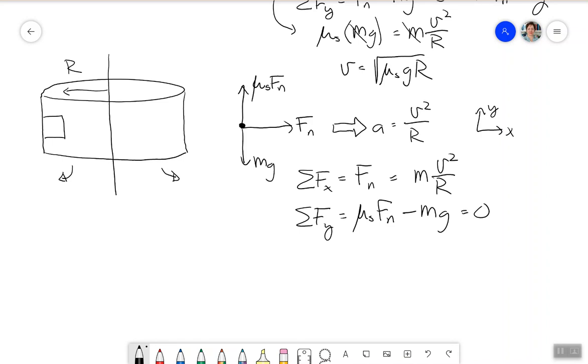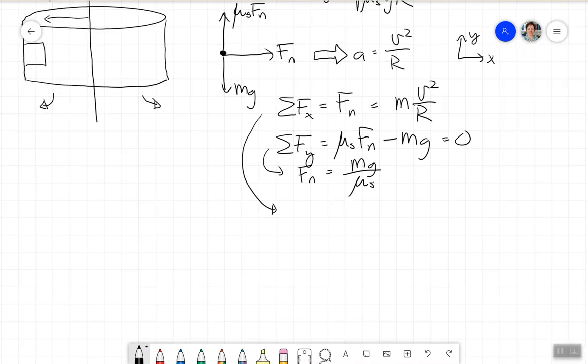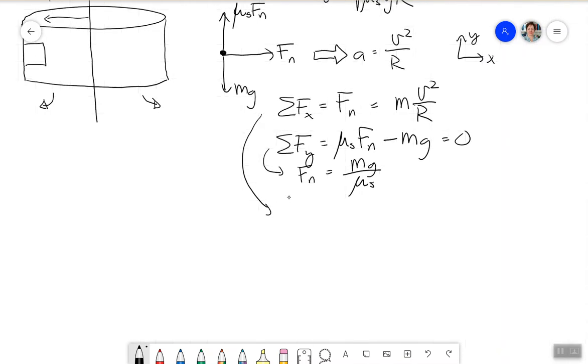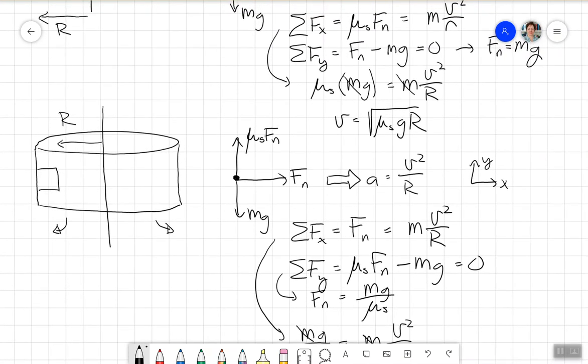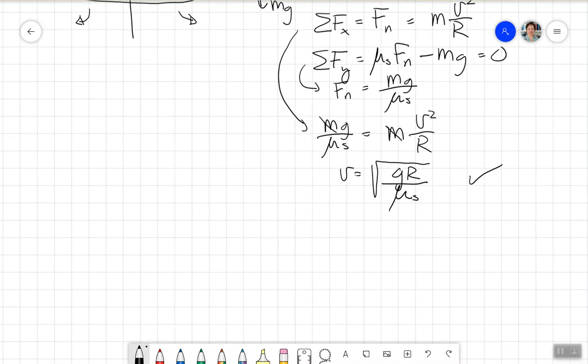So now this second equation tells us that the normal force is mg all over mu s, which means from the first equation, mg all over mu s is mv squared over r. The m's cancel, and now v is the square root of gr divided by mu s. Notice how simple it looks, and how similar it looks to the previous one, but of course this is a very different ride.